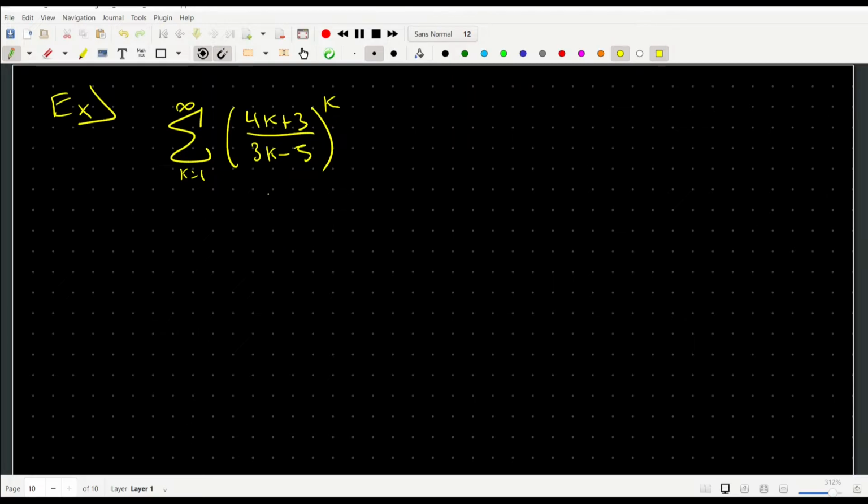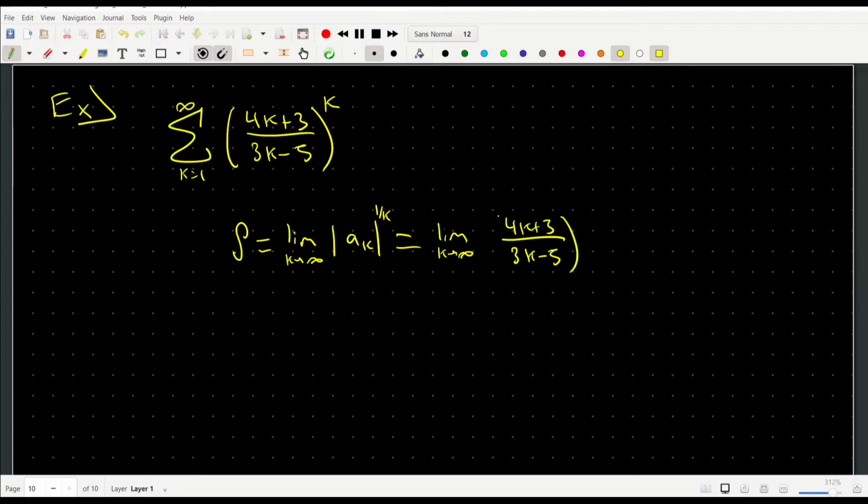And again, this is going to be an ideal root test because we have a power of k here, and we know then when we take the limit as k goes to infinity of the absolute value of a_k, the kth root of this is going to be the limit as k goes to infinity of the kth root of ((4k plus 3) over (3k minus 5)) to the power k.